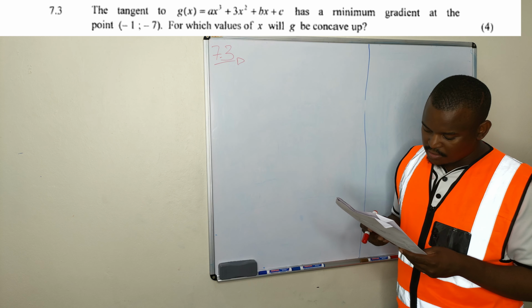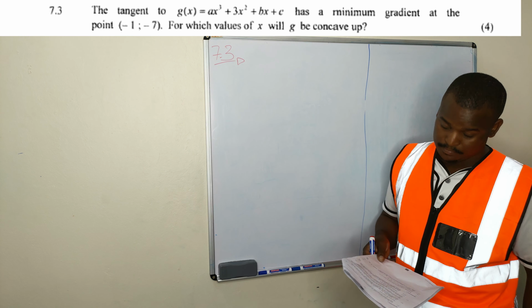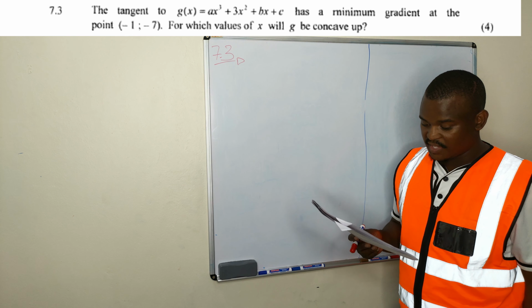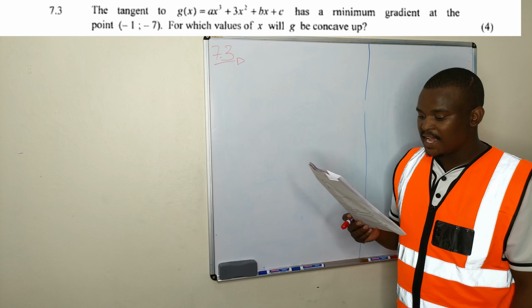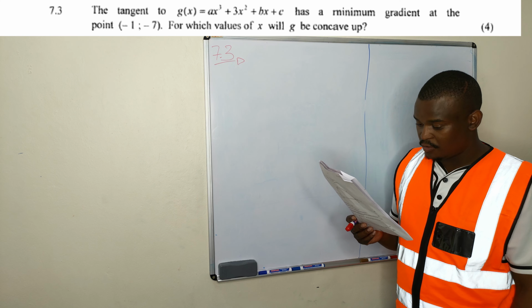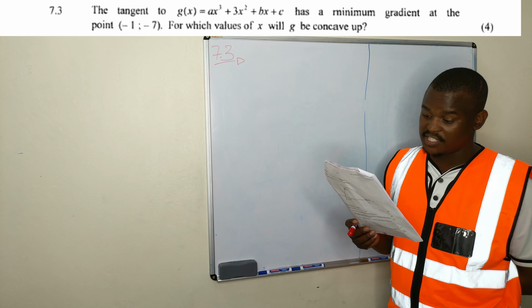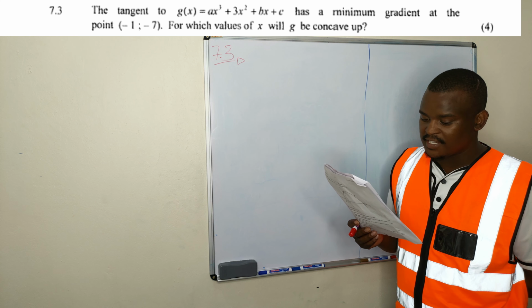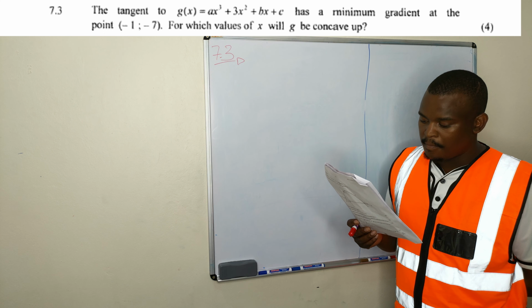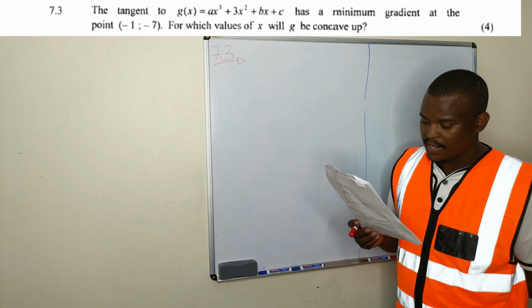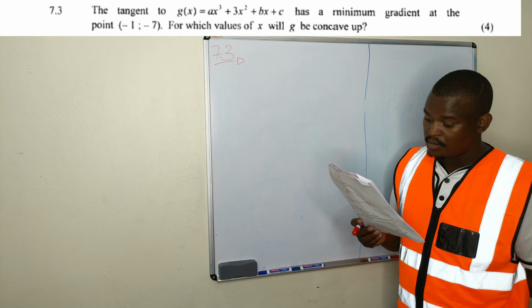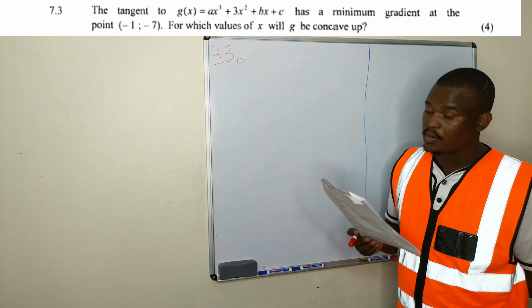For which values of x will g be concave up? Let me read this again. The tangent to a function g, a cubic function g, has a minimum gradient at the point minus 1 and 7 and minus 7. For which values of x will g be concave up?